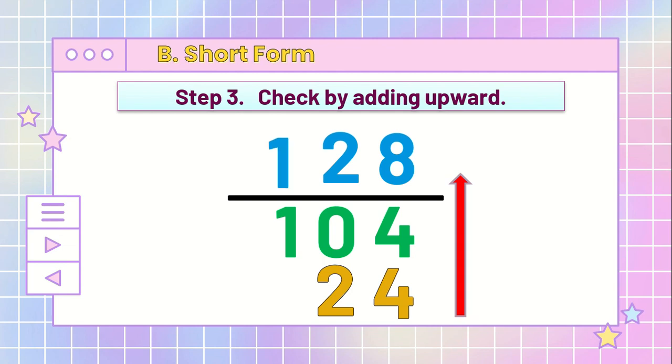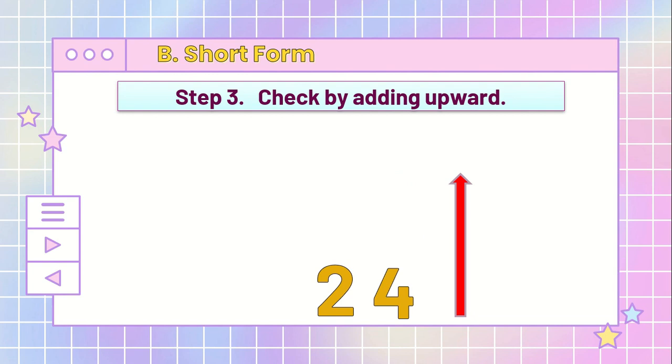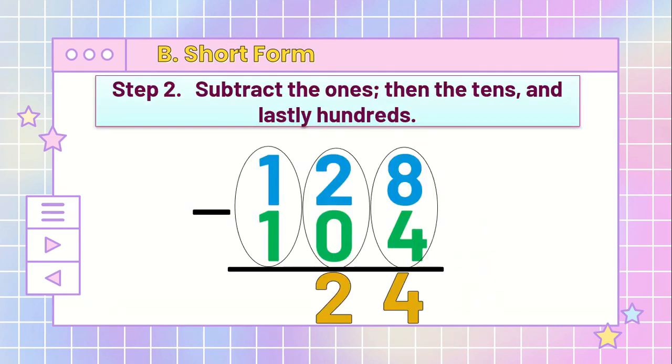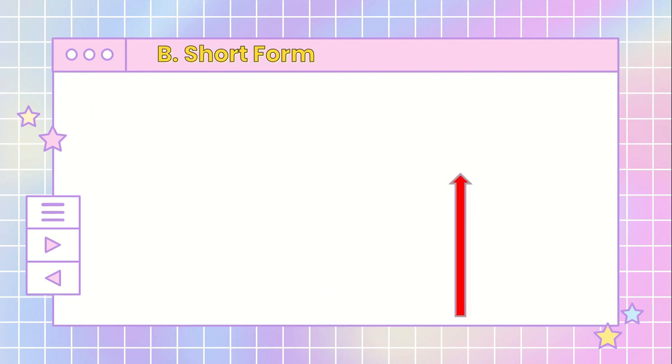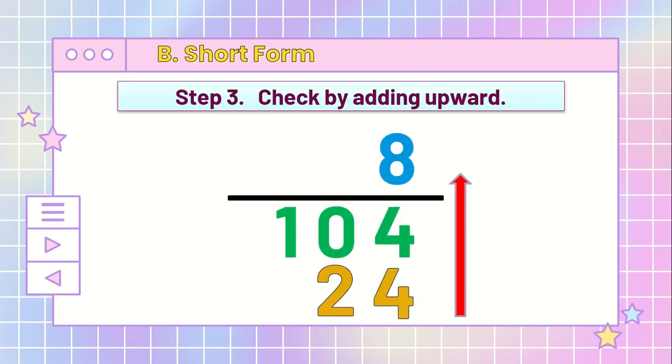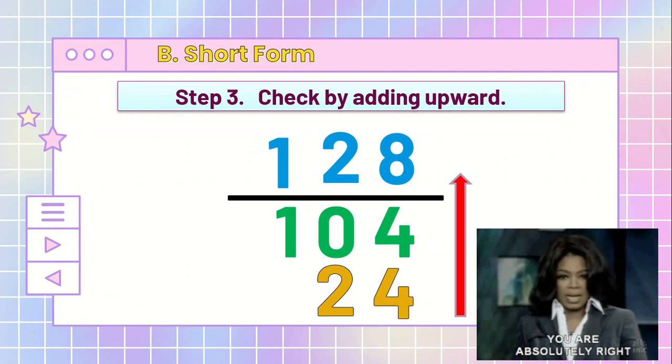So the answer is 128. We just add them upward and we get 128. You're absolutely right. Those are the two ways to get the difference in subtraction without regrouping.